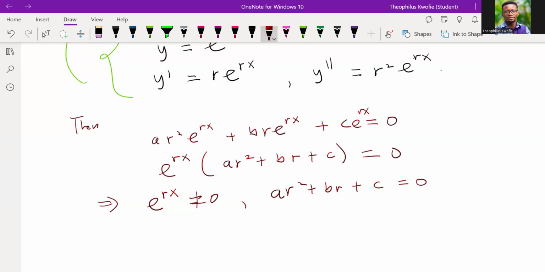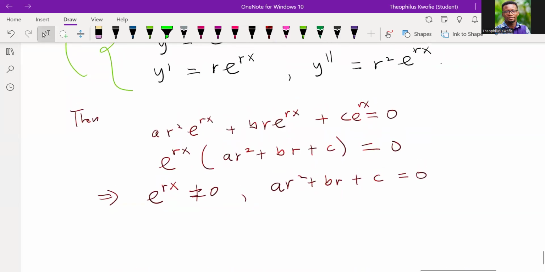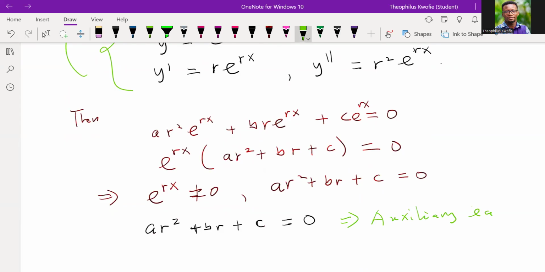Now, I want to point out that this quadratic equation, a r squared plus b r plus c equal to 0, is what we call the auxiliary equation.